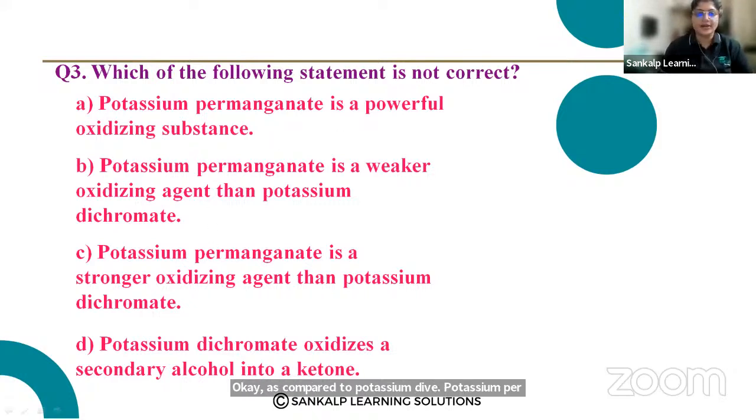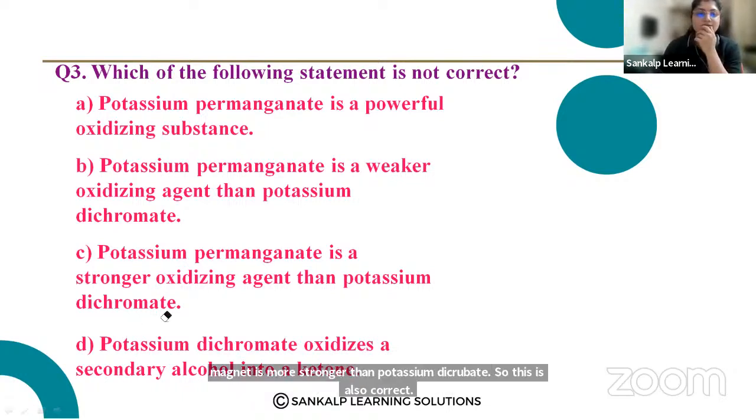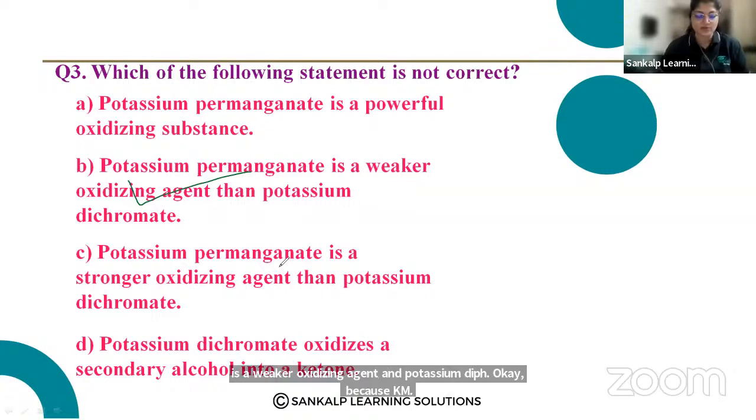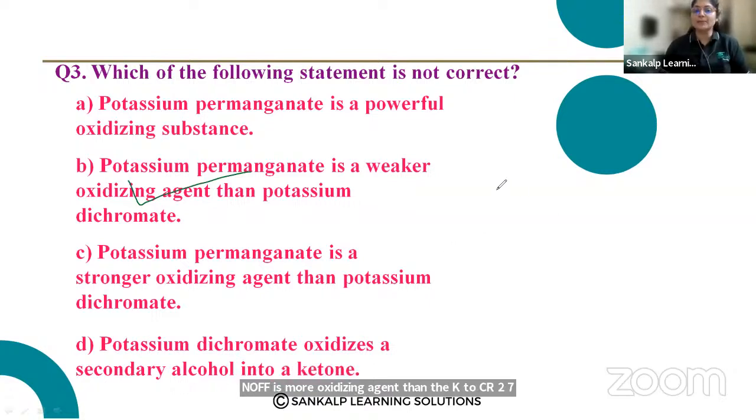So this is also correct. Then potassium dichromate oxidizes alcohol into ketone, so this is also correct. The statement which is wrong is that potassium permanganate is a weaker oxidizing agent than potassium dichromate, because KMnO4 is a stronger oxidizing agent than K2Cr2O7. How can we say that?